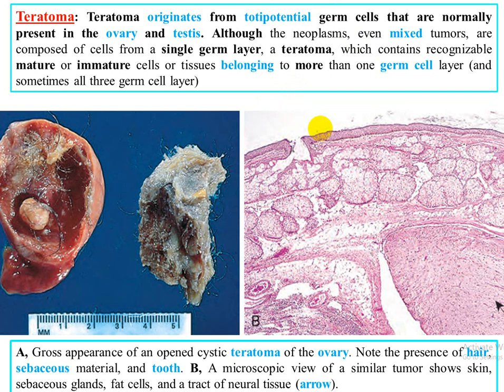The teratoma can arise from three layers and form different mature structures, as this figure illustrates a typical mature ovarian teratoma.